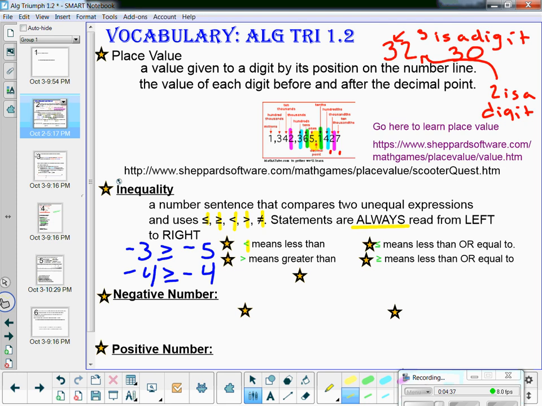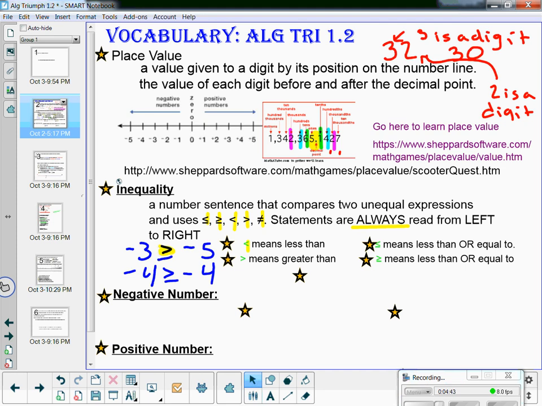Is -3 greater than -5? If you're not sure, let's check a number line. We're going to plot our number line. I have -3, -5. Numbers on the right are bigger. Numbers on the left are smaller.